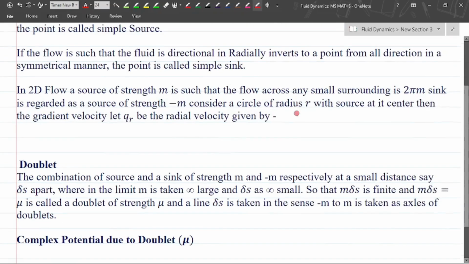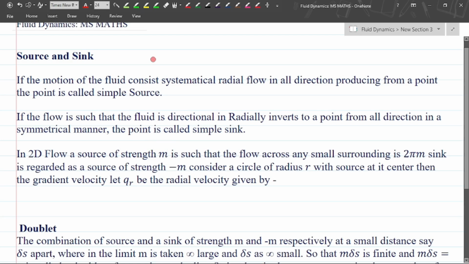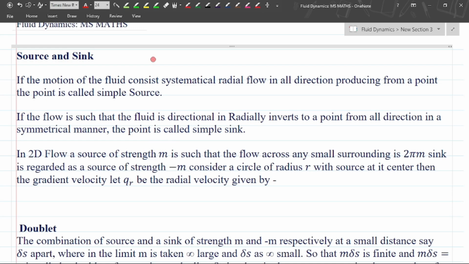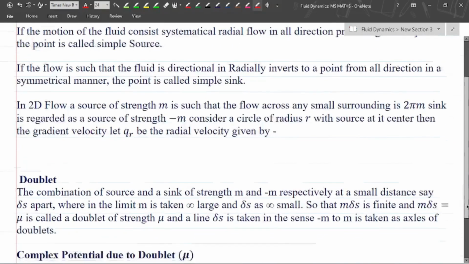In 2D flow, a source of strength m, where we denote the strength of the source by m, and the strength of the sink is minus m, depending on the direction.